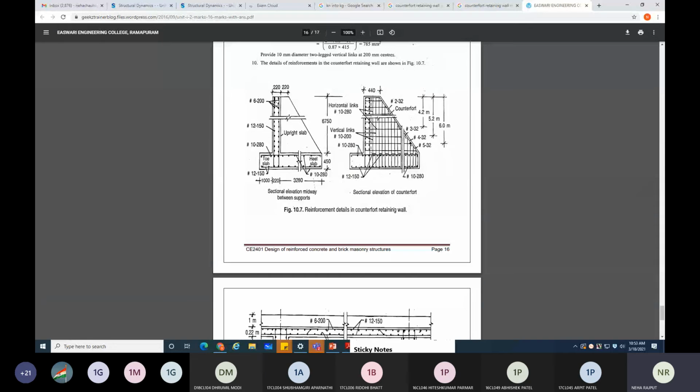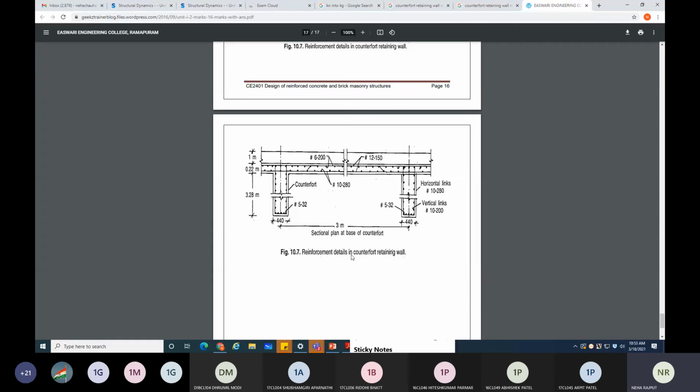ये reinforcement हमने find कर ली है जहाँ पे मेरा cursor है, right? This 6 dia 200 is the vertical reinforcement जो dotted दिख रहा है, right? और this 12 mm diameter 150 other reinforcement, again horizontal, 12 mm diameter 150 spacing दोनों साइड. This you can see the reinforcement details यहाँ पे.